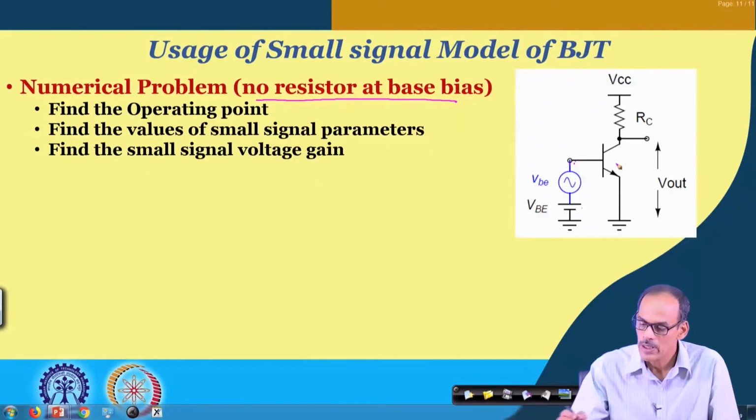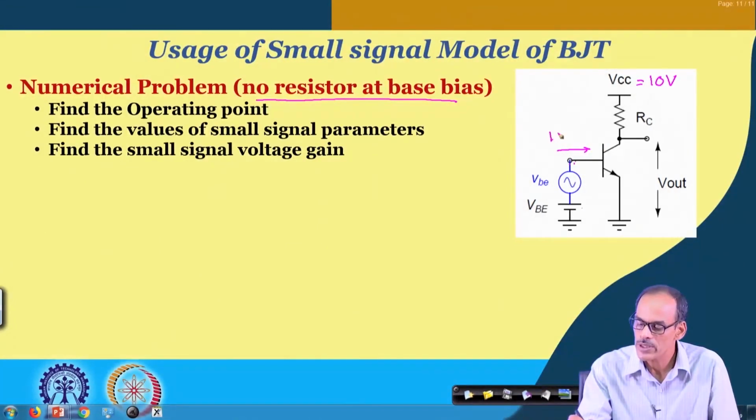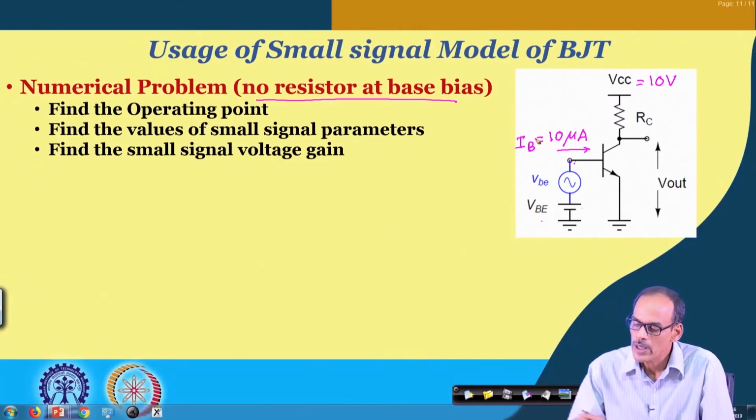The supply voltage is 10 volt, and let us consider VB such that the base current IB is 10 microampere.